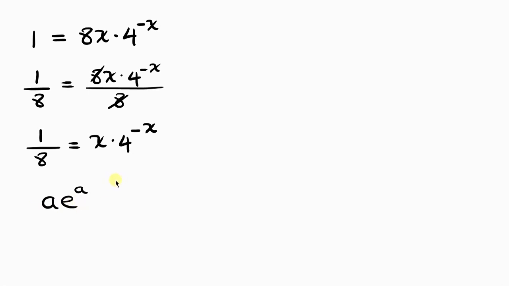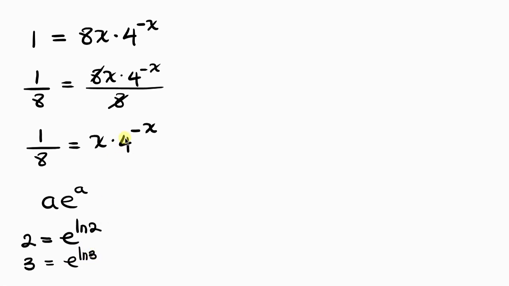So in order to achieve that, I can write 4 in form of e. How? Because, for example, maybe I want to write 2. 2 is same as e to the ln 2. That means when I want to write 3, it is same as writing e to the ln 3.